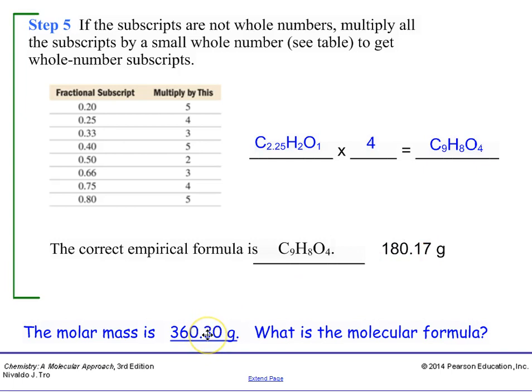If I find that the molar mass of this compound is 360.3, then we can figure out that the molecular formula has to be C18H16O8. We have to double 180.17 to get 360.3. We have to double C9H8O4 to get C18H16O8.